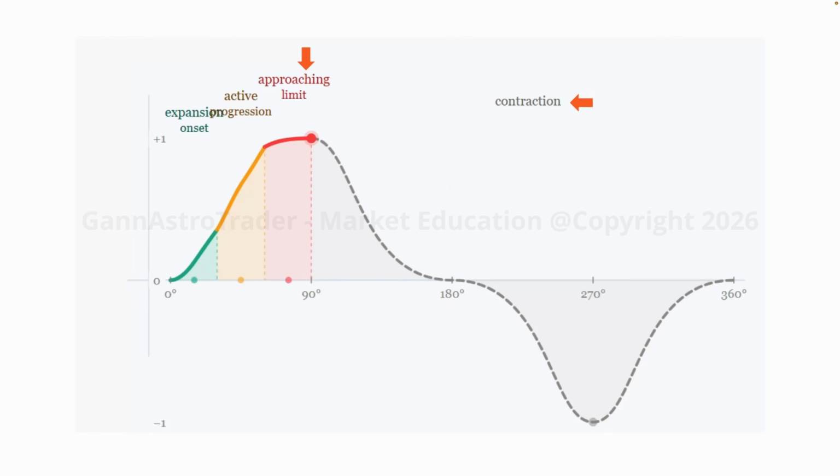At a more advanced level, this becomes very important because markets often do not behave in purely linear ways. They expand, contract, accelerate, stall, and reverse. A purely arithmetic view often misses the inner rhythm of these changes. But an angular view introduces the idea that movement can be studied as progression through a cycle. In that framework, different angular zones can correspond to different states of behavior.